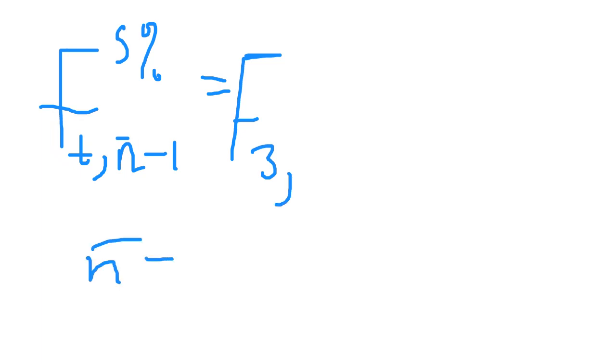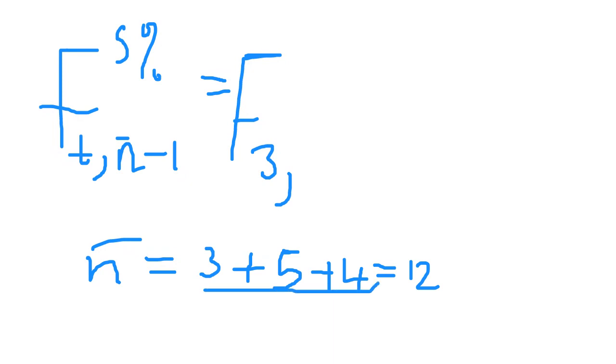N bar is equal to 3 plus 5 plus 4, which is 12, isn't it? Then you divide this by 3, and you are getting 4. So you will check F for 3 and 4. Is it difficult, guys? 3 and 3, sir.